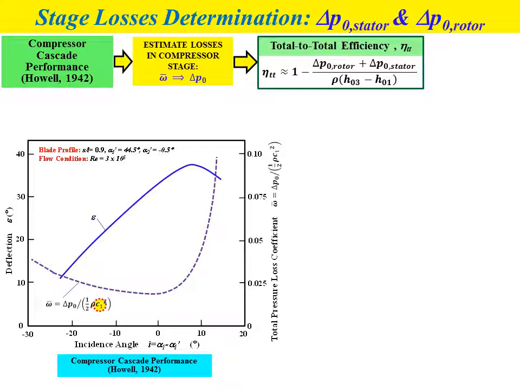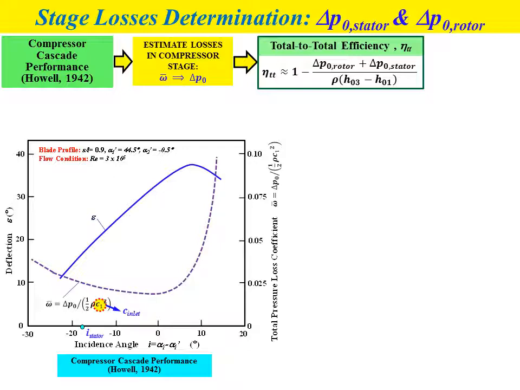For Howell, we need to know that in the omega bar equation, the term C1 actually represents the absolute velocity at the inlet, C inlet, whether for the stator or for the rotor.